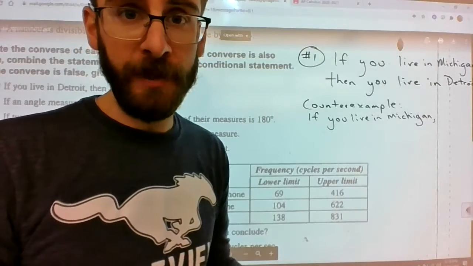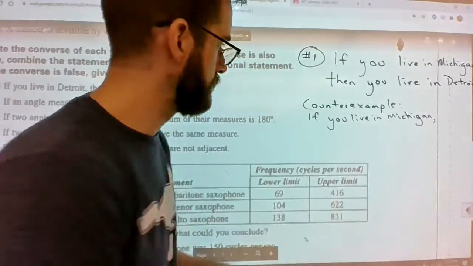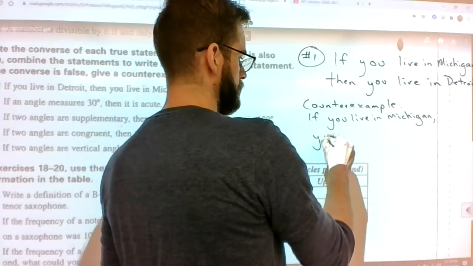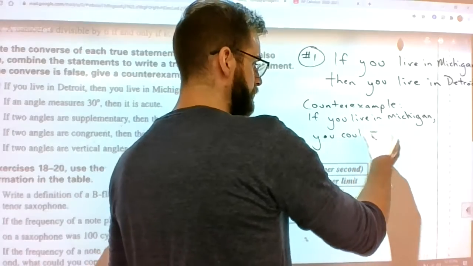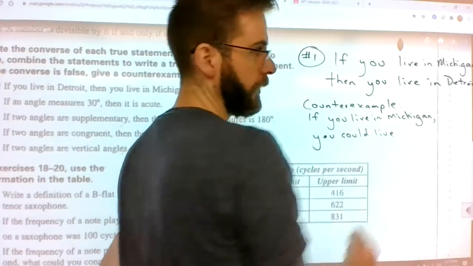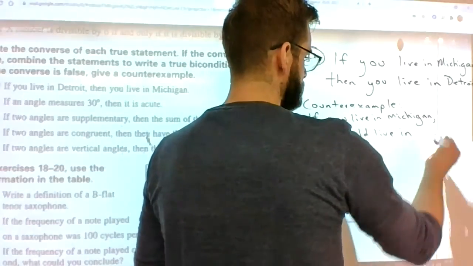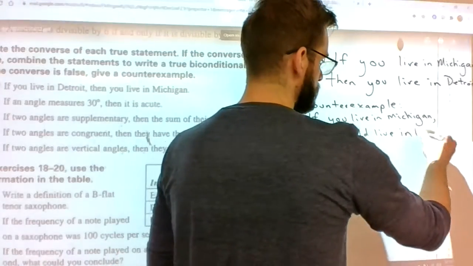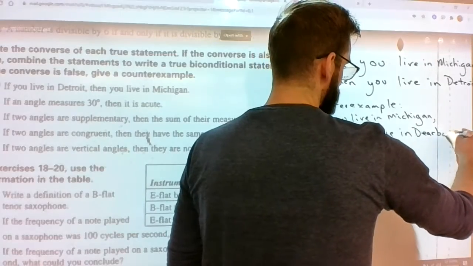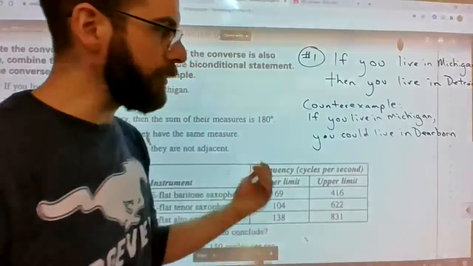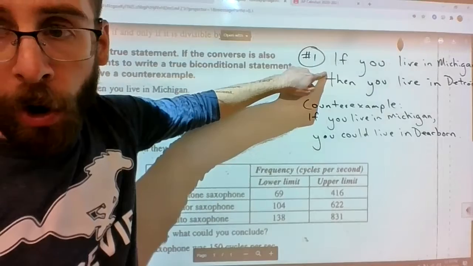You could live in a bunch of places that are not Detroit. You could live, I'll just pick one of those, in Dearborn, okay? There's my counterexample. That's not true all the time.